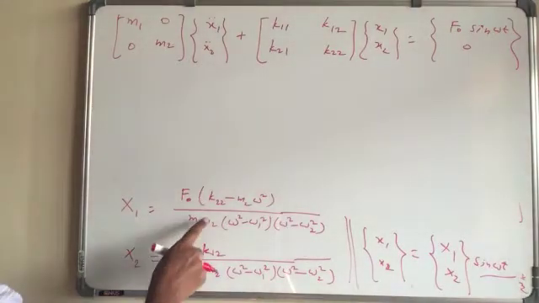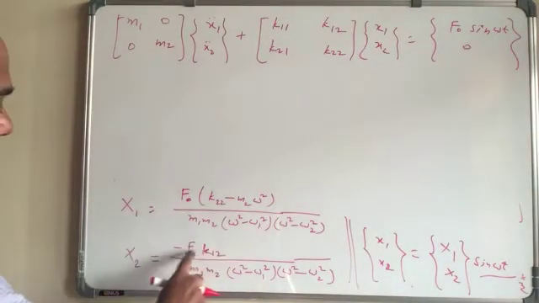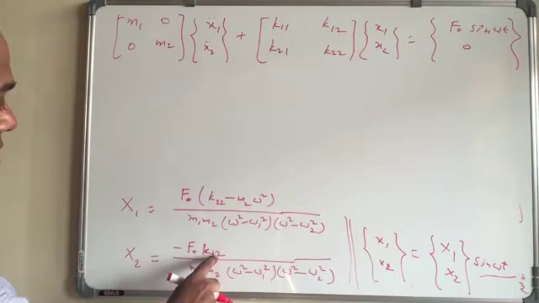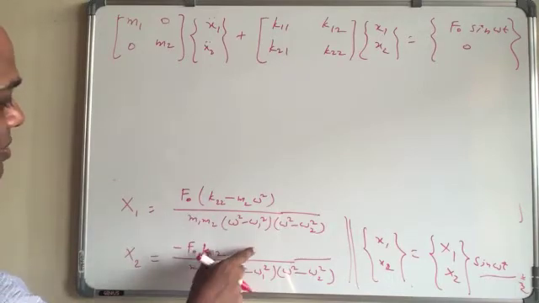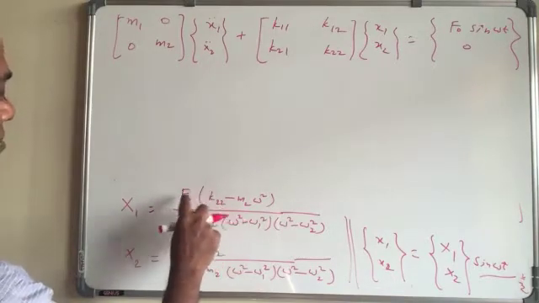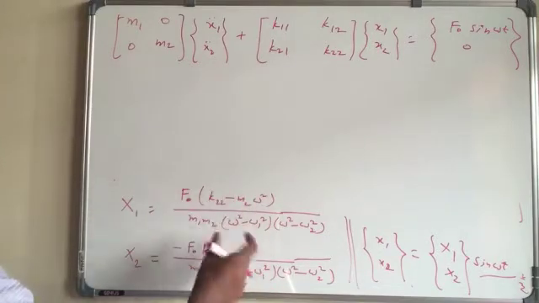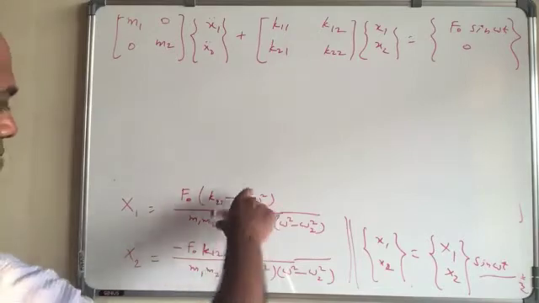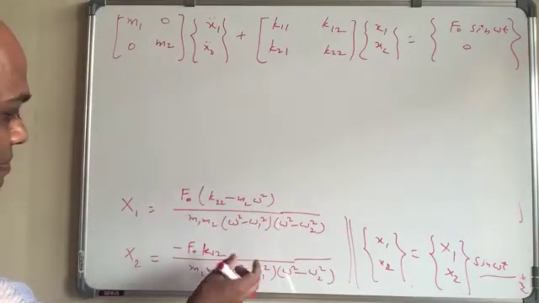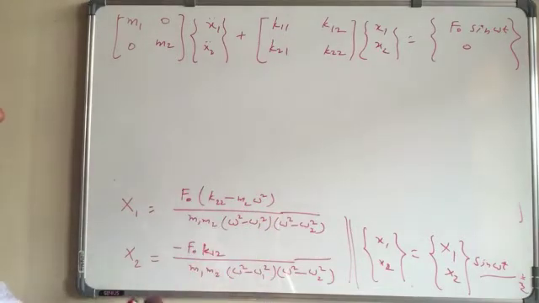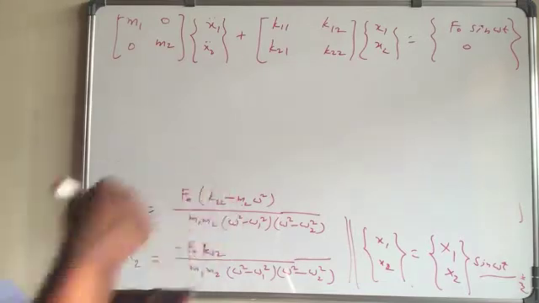What you get in that case, instead of k12, you will get k11 minus m1 omega square here, and here you will get the minus k121 term. So the expression will look different basically.